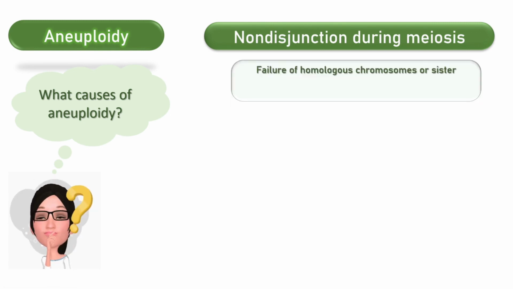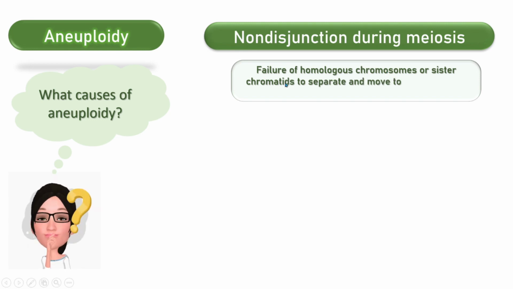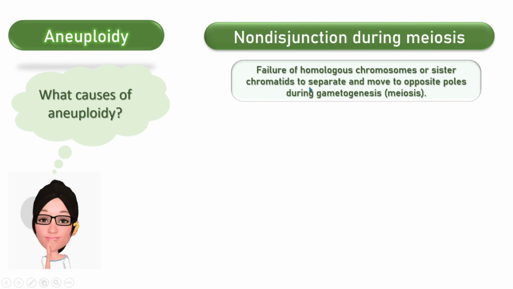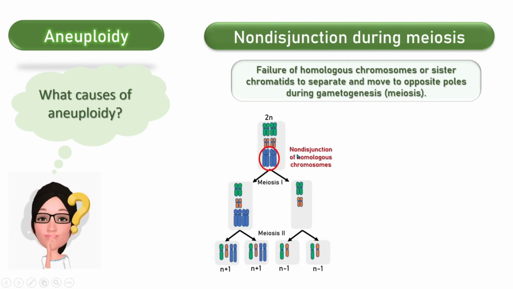What is non-disjunction? Non-disjunction is a failure of homologous chromosomes or sister chromatids to separate and move to opposite poles during gametogenesis in meiosis. For example, non-disjunction of homologous chromosomes can occur in meiosis 1.